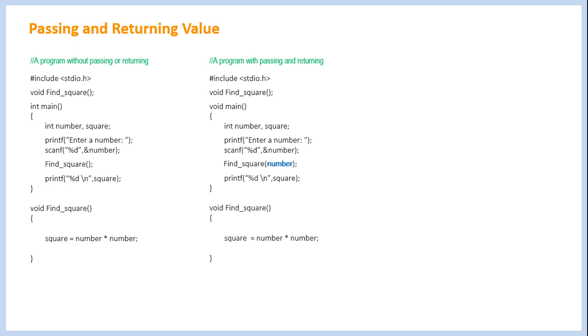To write a variable inside two brackets in a function call, like this, is to pass a value in that variable. This feature is called pass by value in programming. So when computer goes from this point to this point, the value in variable number, let's say it is 5, also travels.